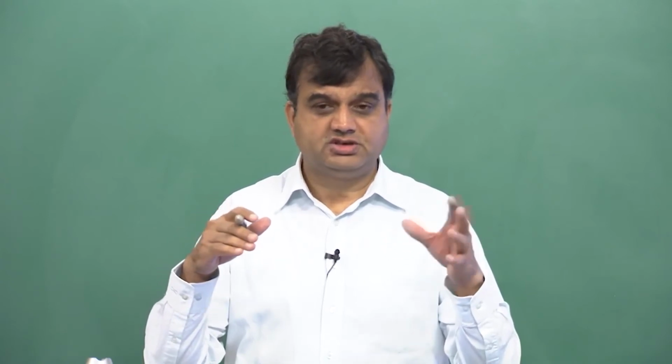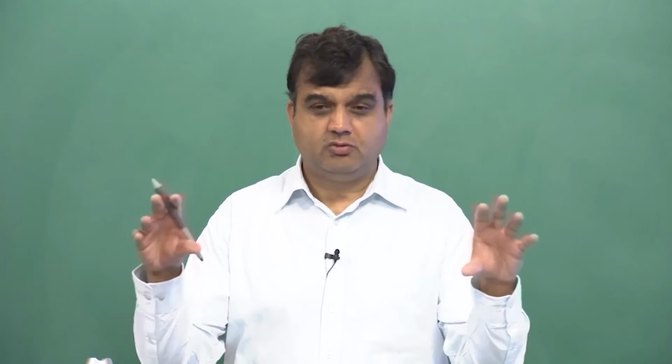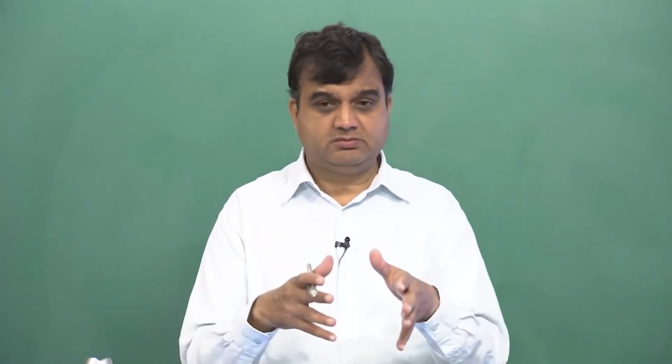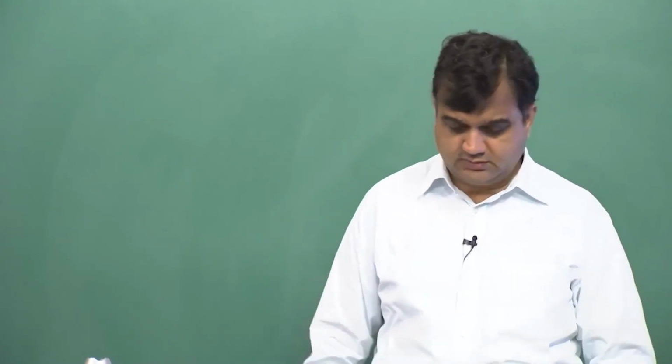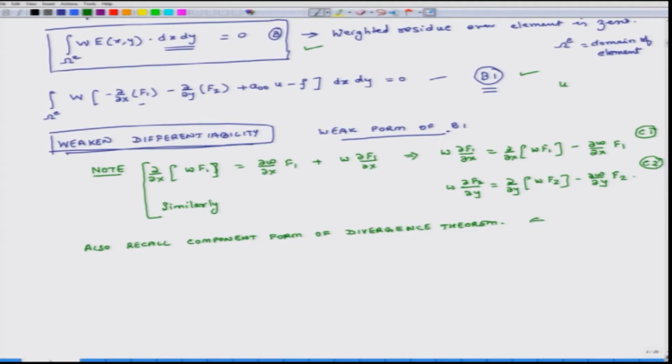A scalar form is known as the component form because there we are taking individual components and writing them as separate equations. In vector form we assemble them and write it into one single equation. This component form of the divergence theorem we had actually developed in FEA part 1. If you do not remember, kindly go back and check some of our old lectures and you will see all the details. Here I will directly write that result.